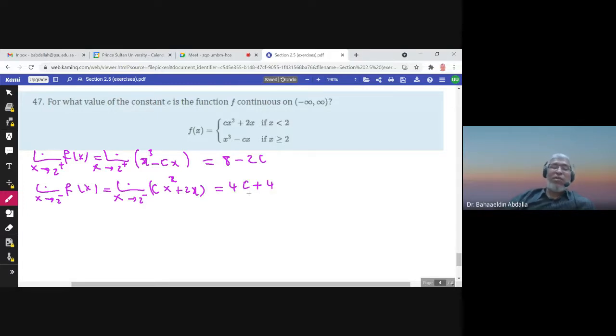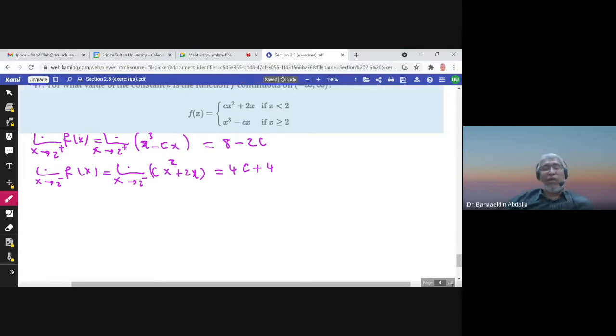So this is the limit from the left and that's the limit from the right. For the function to be continuous, f is continuous on negative infinity to infinity, 8 minus 2c equals 4c plus 4, because then the limit exists and equals f of 2 and it would be continuous everywhere.